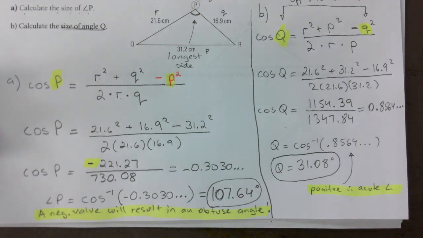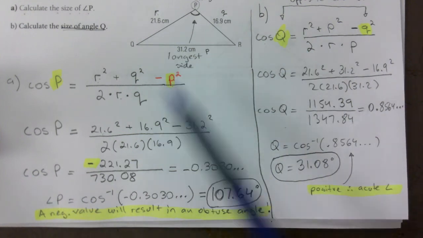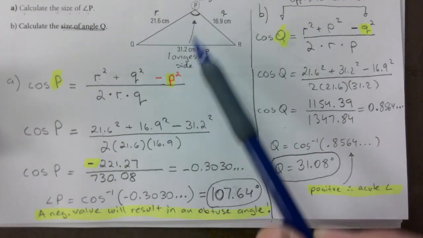Question, let's step back a little bit. As soon as you found this angle right here, look at the screen once, right? When you found the 107, did you have a pair at that point? You should all say yes, even though you don't agree with me right now. Because when you found angle P, this one, you actually now have a pair.